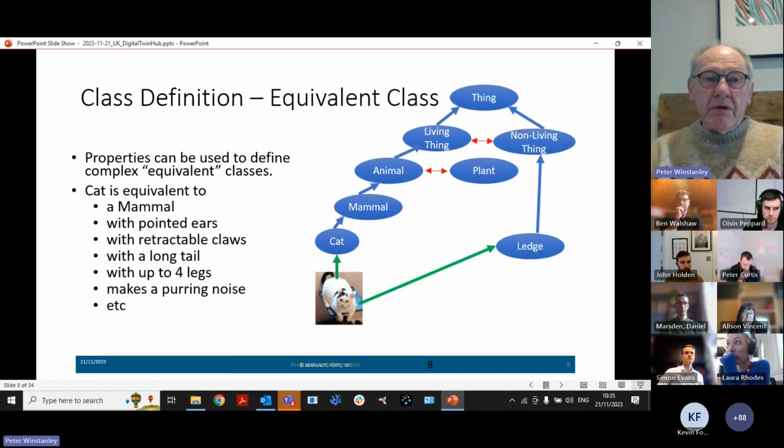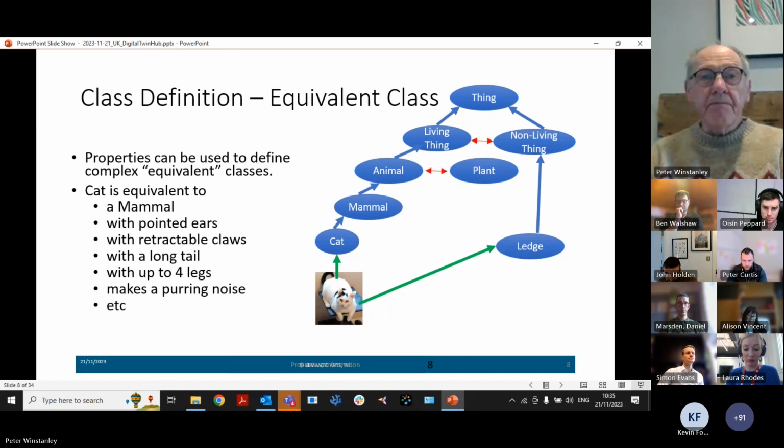Now, in normal language, sometimes when you're uncertain about the definition of something, for example, a cat, you say, what's a cat? And somebody could say, well, it's a mammal with pointed ears and retractable claws and a long tail, up to 4 legs, makes a purring noise, and so on. And this representation of an equivalent class is something that we do in describing ontologies as well.